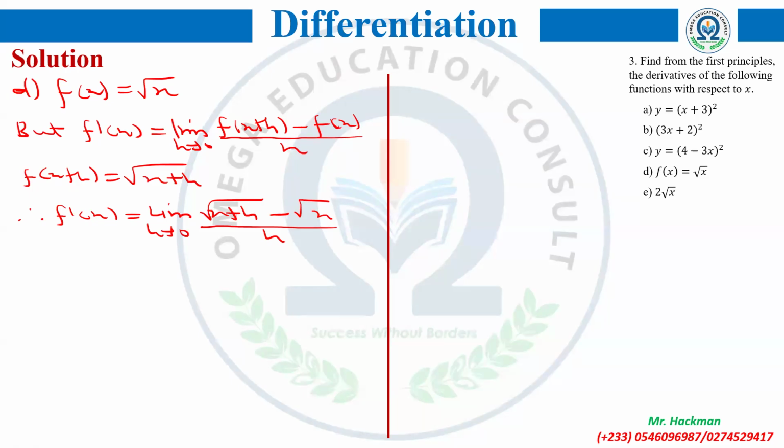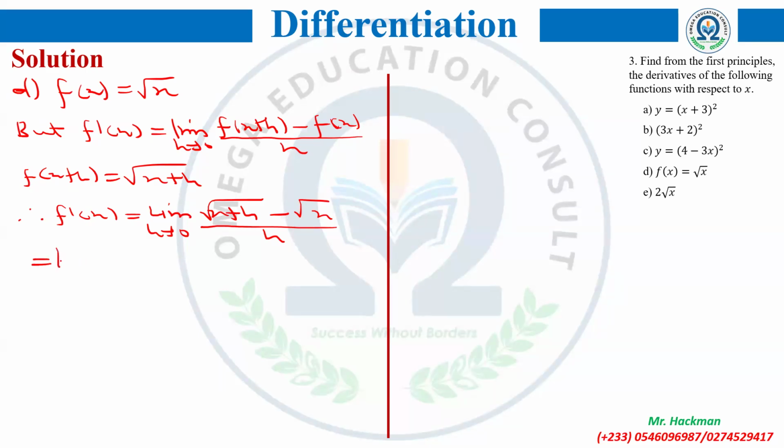Any ideas? Rationalization, remember. So you rationalize: you multiply the numerator by root of x plus h plus root of x. But because you rationalize the numerator, you only expand the numerator, don't expand the denominator. So let's do it together and see.